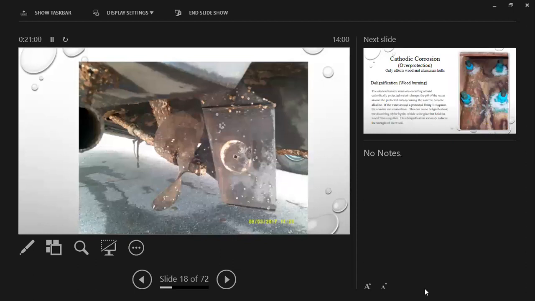Here's a typical galvanic corrosion issue. You've got a stainless steel, maybe Aquamet shaft. It's got one zinc anode on it, and if you look close, you'll see where the second anode has fallen off there, and the anode has disappeared from the rudder altogether.